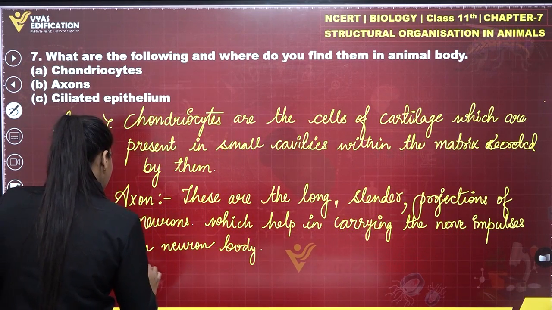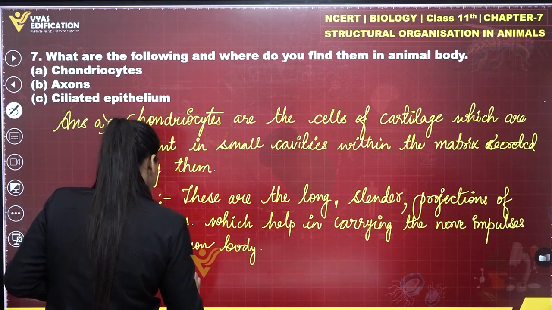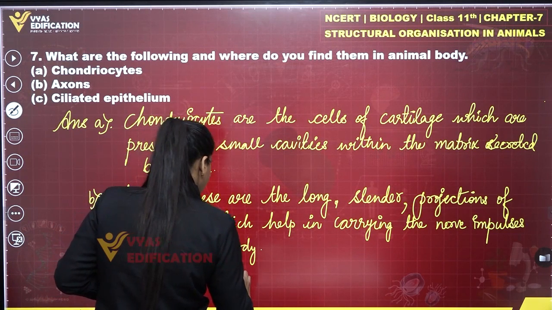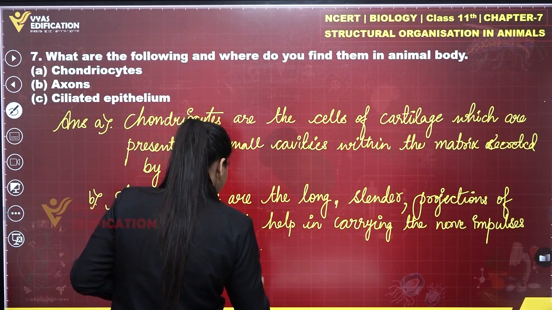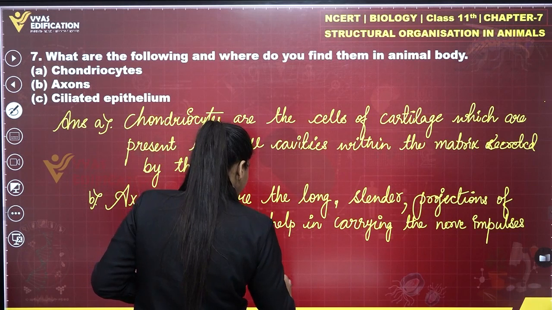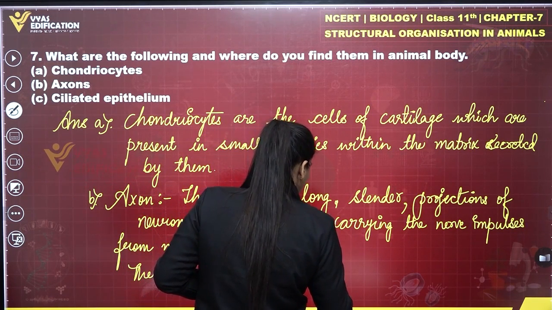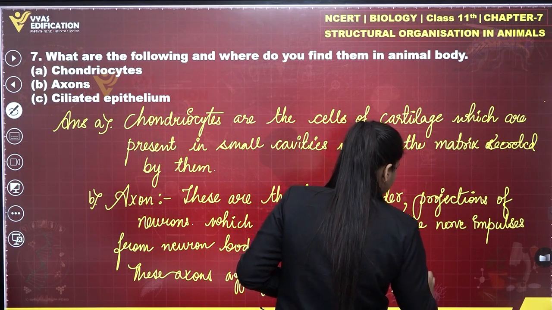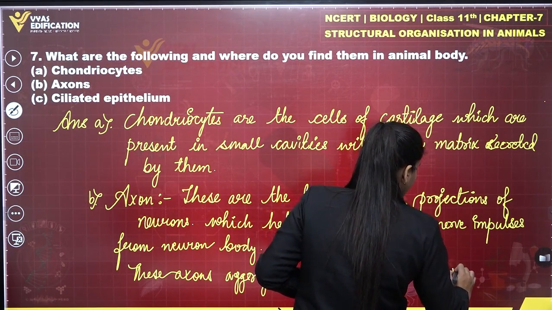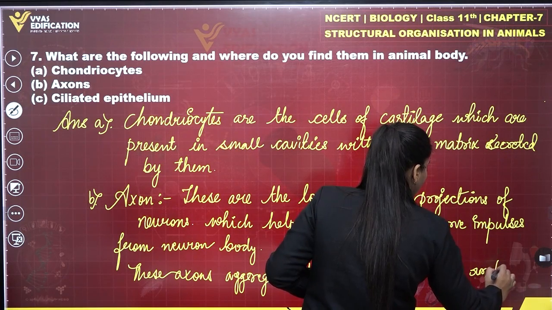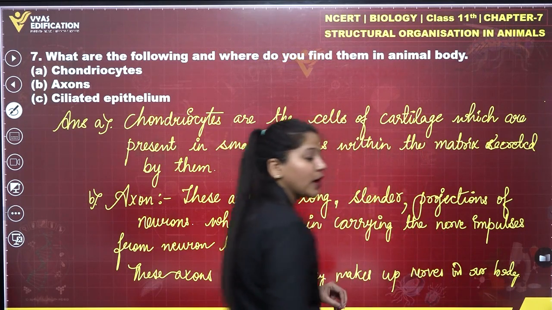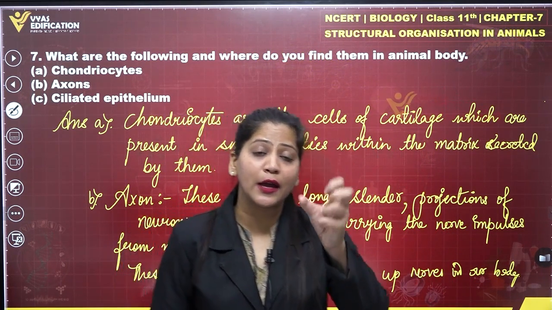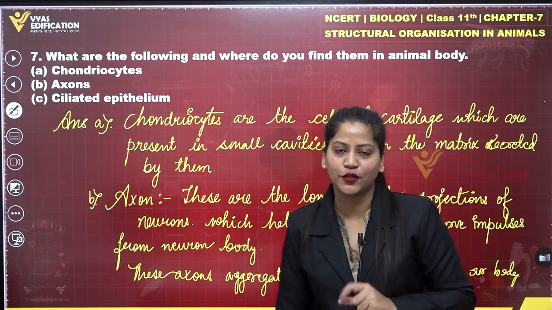Now whenever these axons aggregate, they make up nerves in our body. So the nerves we talk about are actually the aggregation of these axons, right?